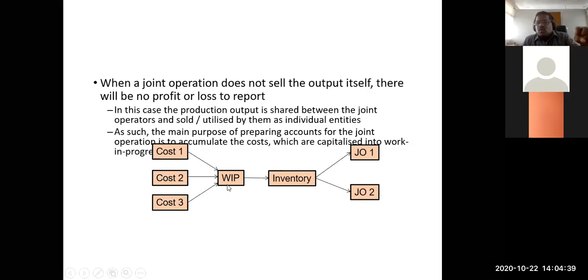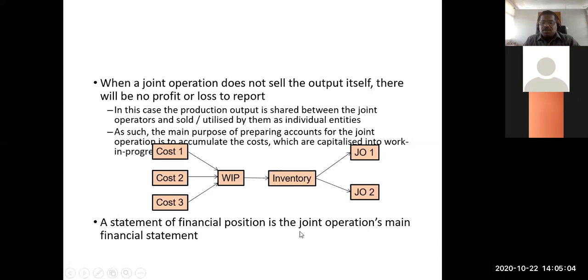Once you mix all this, you get the WIP, work in progress. Work in progress converts into the inventory. This inventory you may distribute to J1, joint operator 1, and joint operator 2. That is the idea of joint operations.